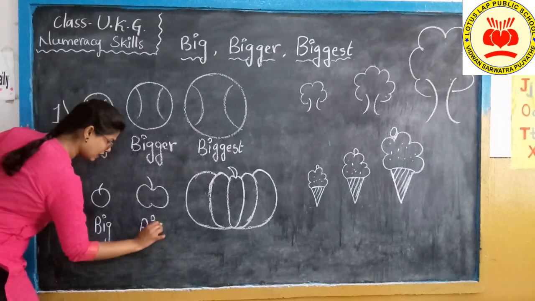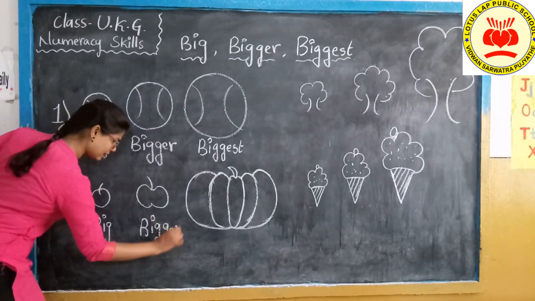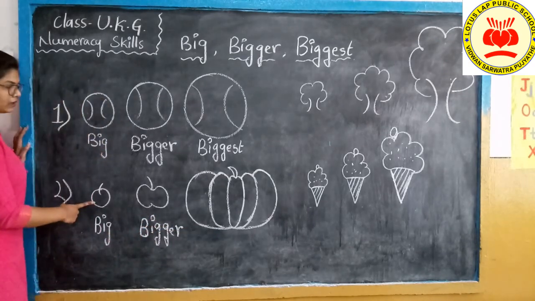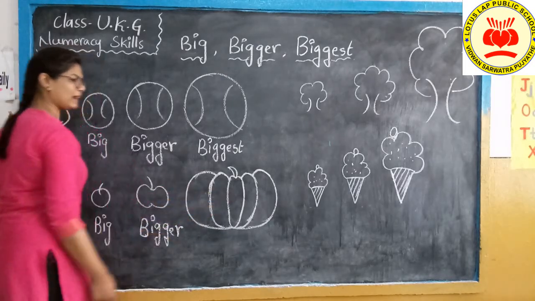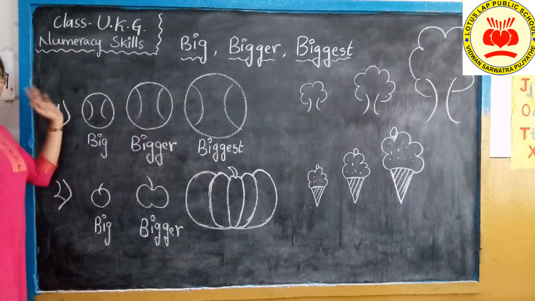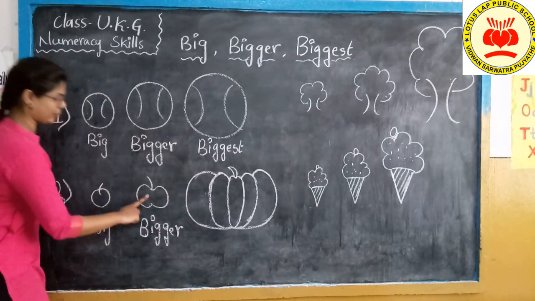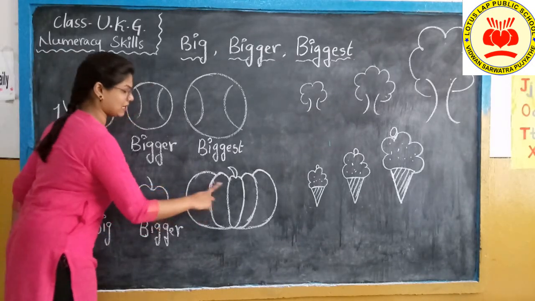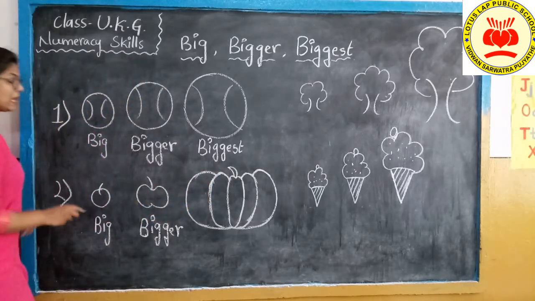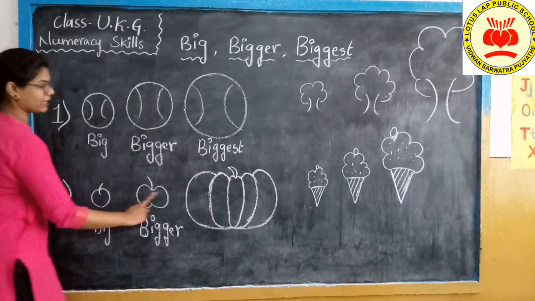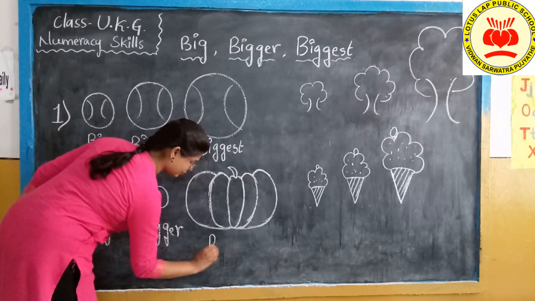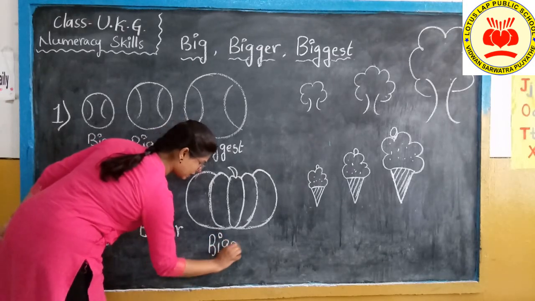Apple is bigger than cherry. Obviously, pumpkin will be biggest among these three. Big, bigger, biggest. The size of this pumpkin is biggest among these three.